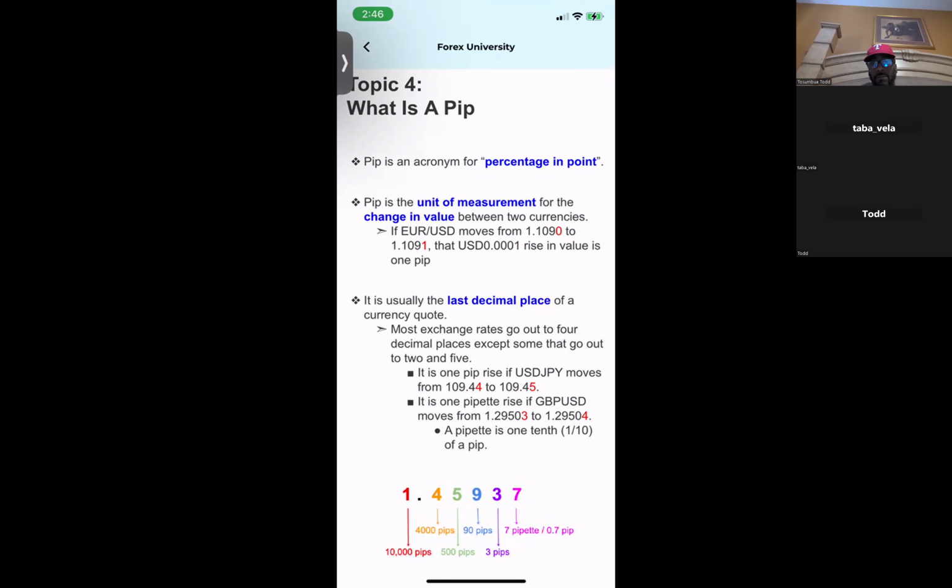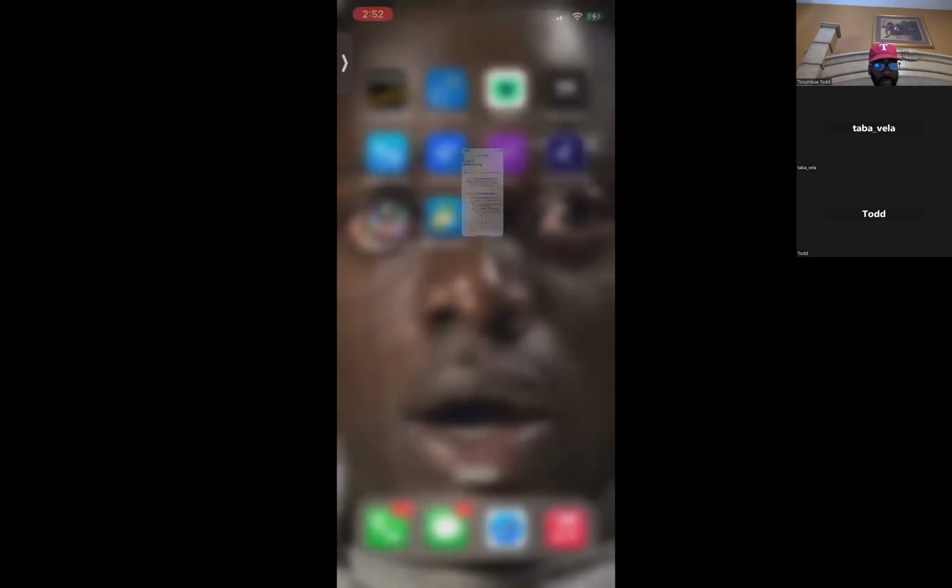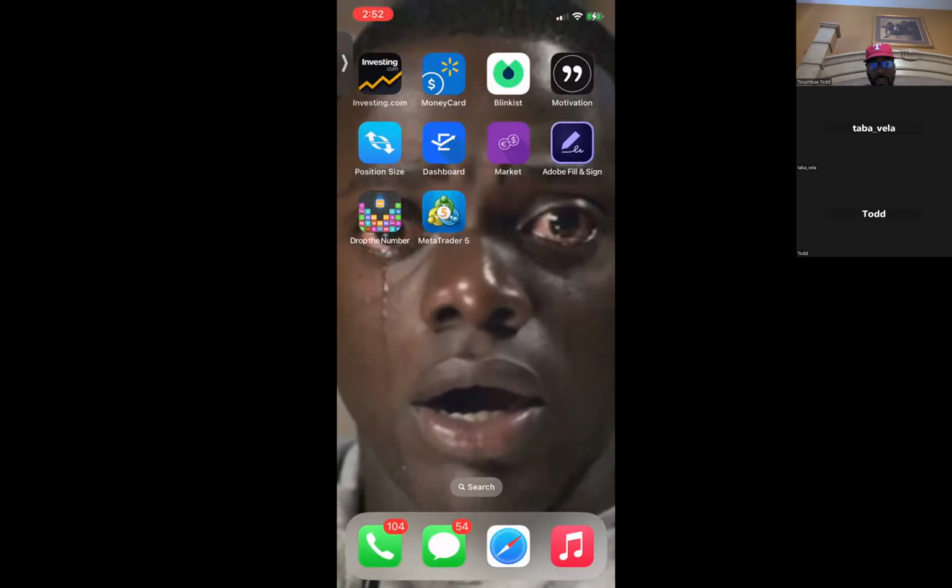I don't want you guys to get confused when it comes to calculating your pips, because it can be the difference between blowing your account and losing your money, or, I guess, having a good experience or a bad experience in Forex, okay? Do I have any questions over that? If you do have questions over that, you need to stop the video and do some research over how to calculate a pip in Forex.